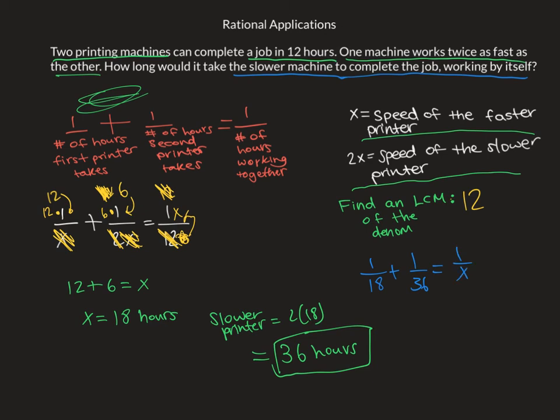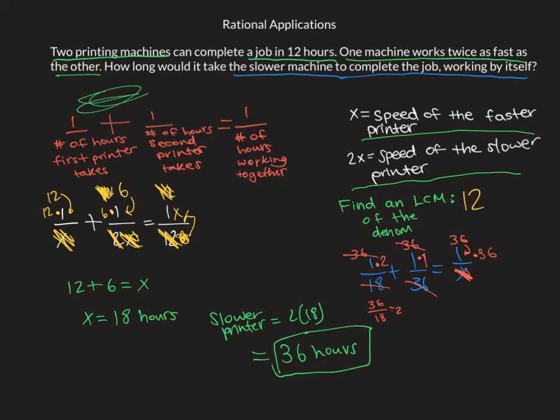We find our LCM, which is 36. So 36, 36, 36 cancel, and what's left is 36 divided by 18 equals 2. So multiply that 2 into the numerator. 36 and 36 get canceled times 1. And this x gets canceled because you can't divide, so this just brings over 36.